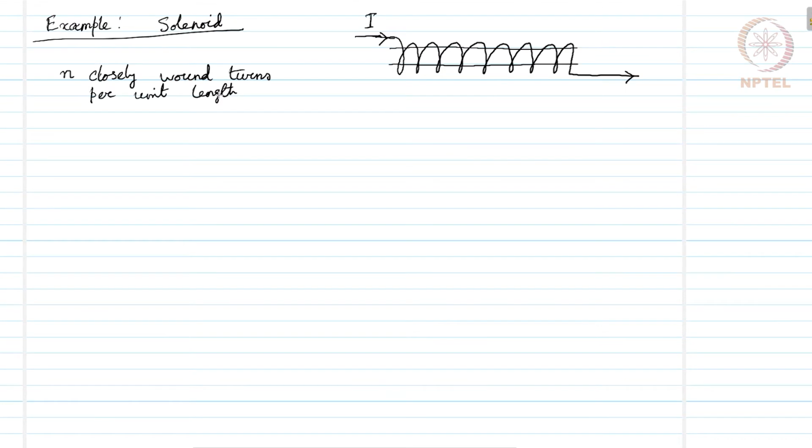If the radius of this solenoid is capital R, then we want to find the magnetic field everywhere due to this solenoid.